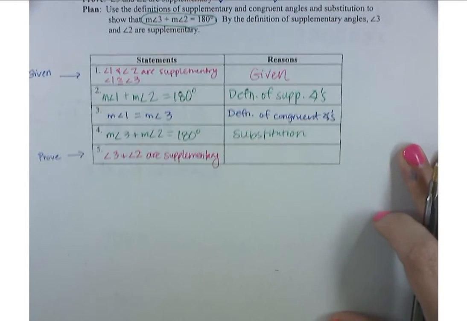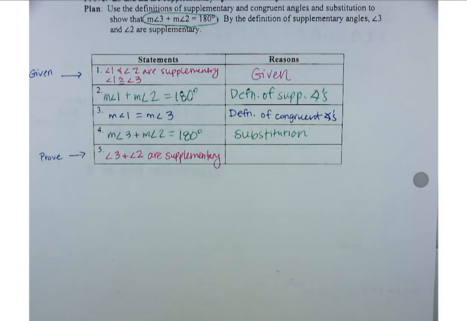And then really, if you guys read the plan, you already know the last one too, right? Yeah, Baron, what is it? Angle 3 and angle 2 are supplementary. Yep, but what's the reason? It's the proof. No, I just said never ever do that. Look at your plan.